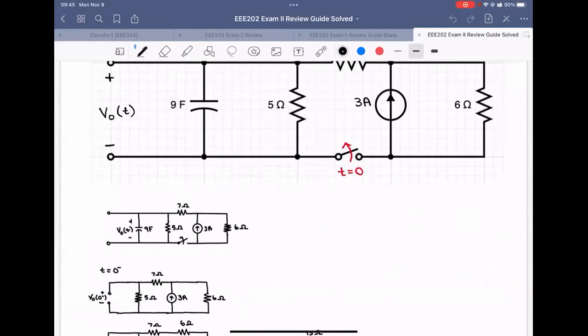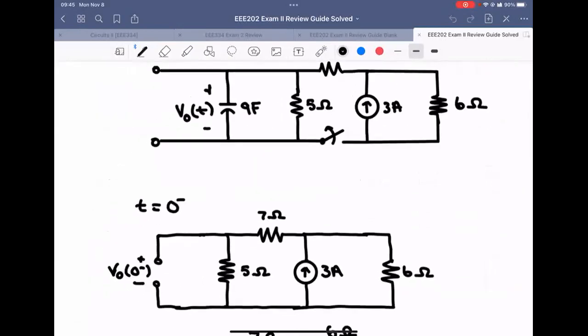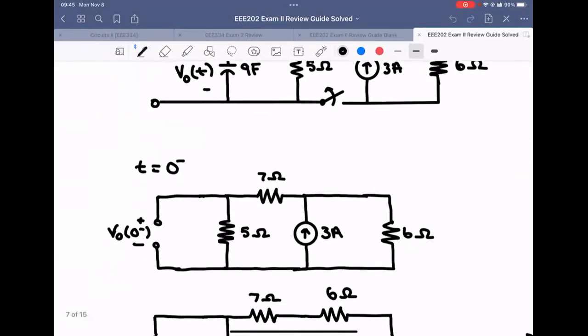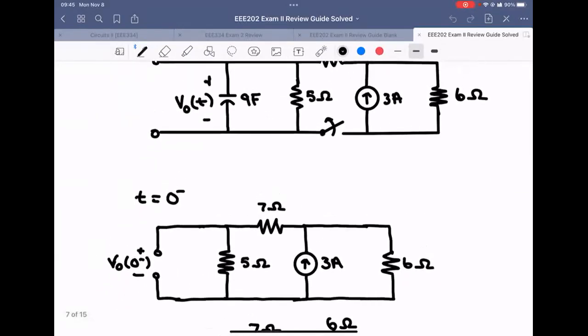If it opens at 0, that means it's closed, less than 0. So at 0 minus, we're going to have this circuit here. The capacitor in steady state is going to act as an open. And then the switch is going to be closed.